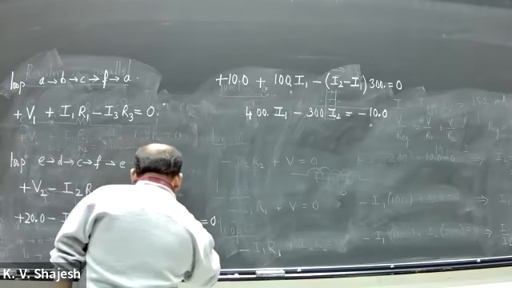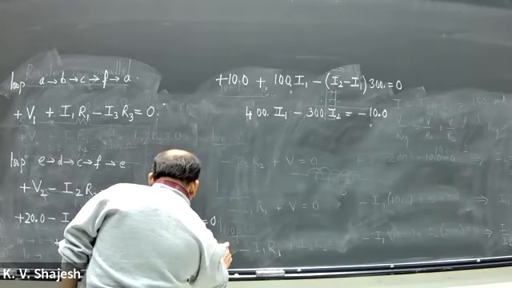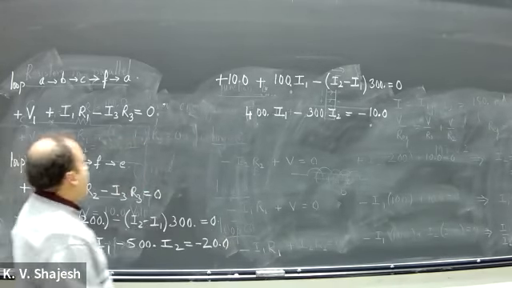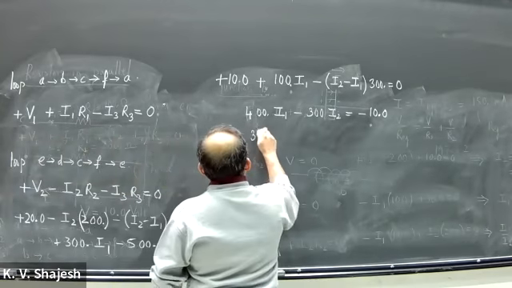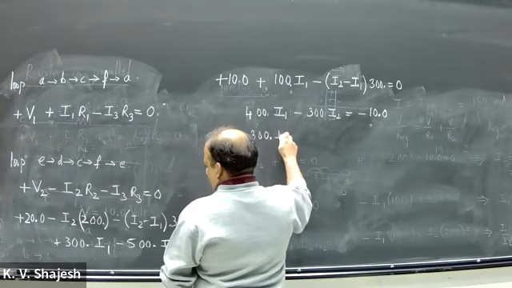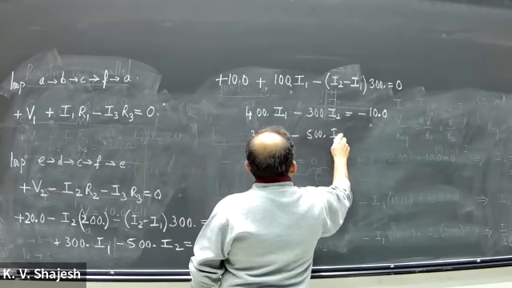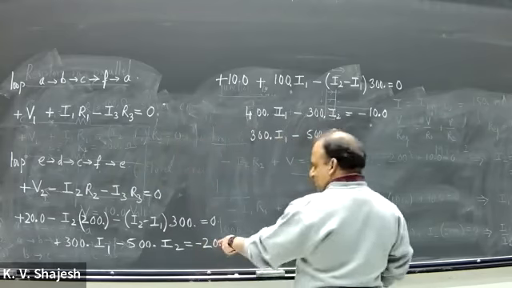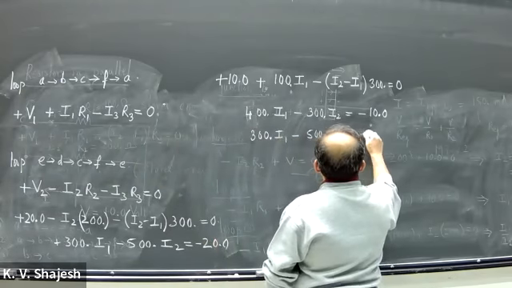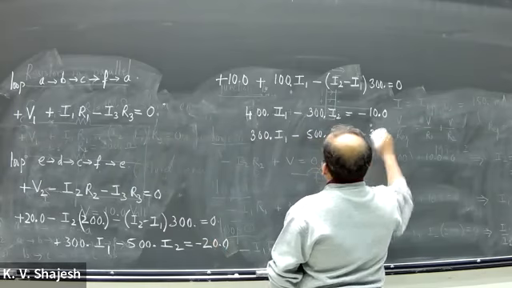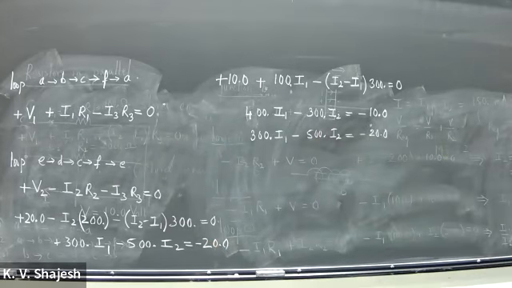So let me write that down here. That's 300 I1 minus 500 I2, and that's equal to minus 24. That's two equations, two unknowns.